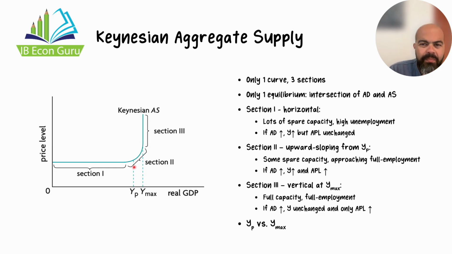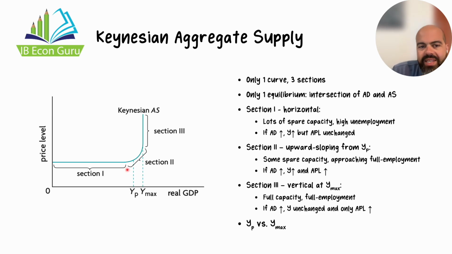All right. Now, some textbooks do not make this distinction between YP and Y max. For example, many textbooks will just call Y max YFE or YP. And that's okay. It doesn't really matter. You can actually just make the vertical section here the full employment level of output, the potential output. And some textbooks will make a distinction.